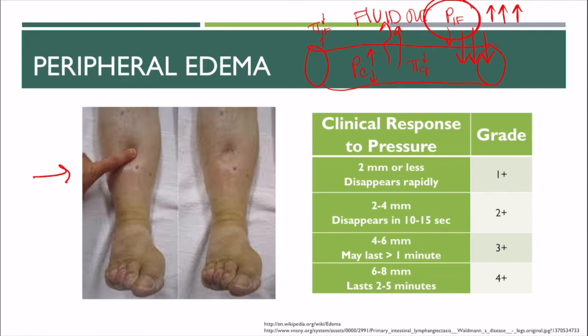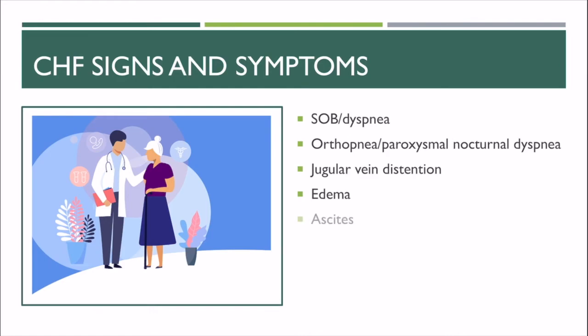So in heart failure, you would expect to see pitting edema because it's driven by a high hydrostatic pressure, and we can take our finger and overwhelm that elevation in hydrostatic pressure and for a very temporary period of time, drive it back into the vessel, and you can see evidence of a pit.